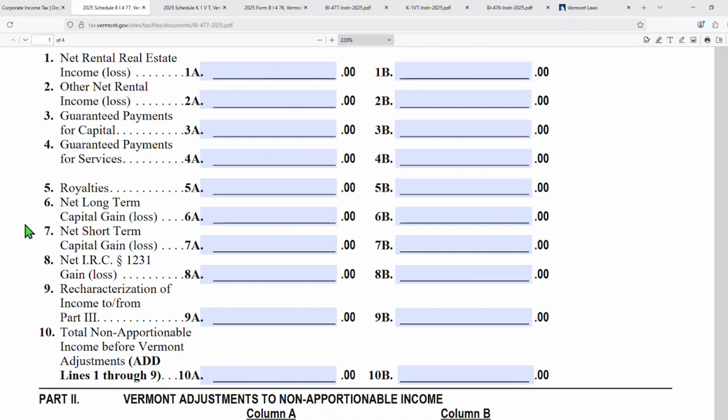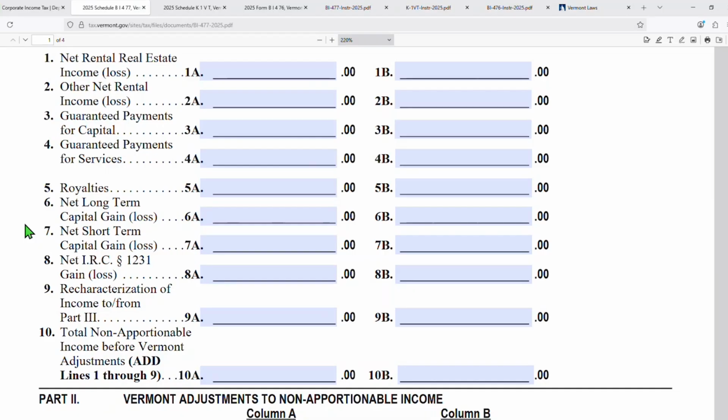It's just sitting there maybe in the stock market, and you're like, this is not really connected to my business. This is just something we do with our cash flow. It's not apportionable. It should be non-apportionable. What you would do is you back out the number from interest. Let's say it was $100 of interest. You'd have a negative 100 on line 20A, and you have a positive 100 on line 9A.